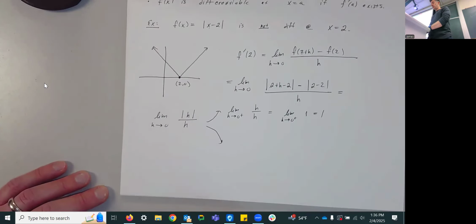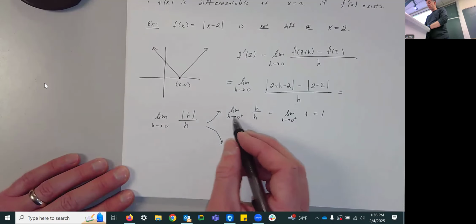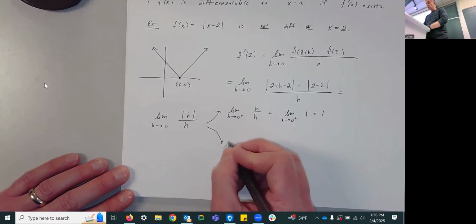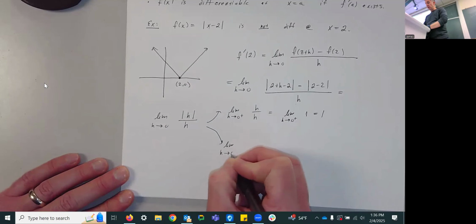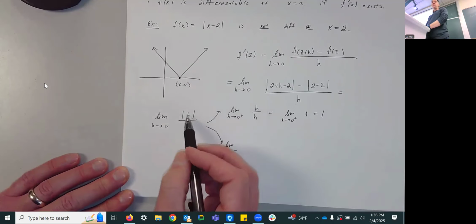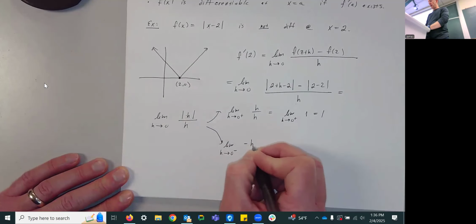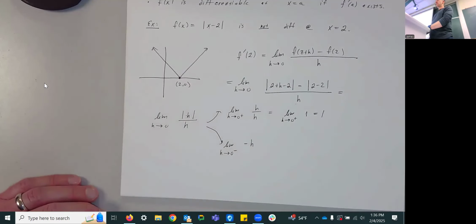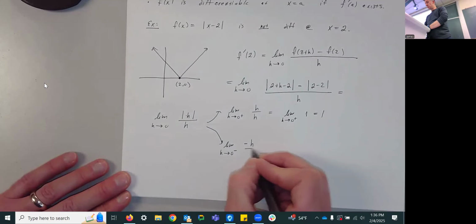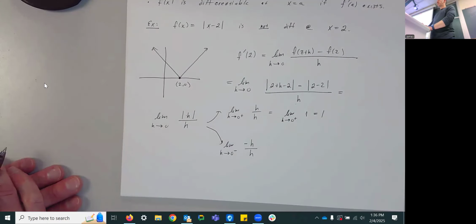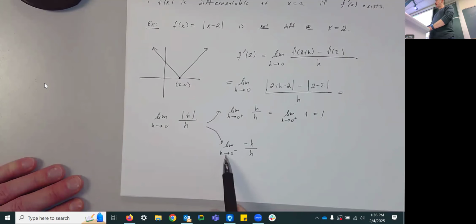On the other side of h being 0, the limit as h approaches 0 from the left, well, then the absolute value of a negative number is the negative of that negative number. Is h positive or negative?